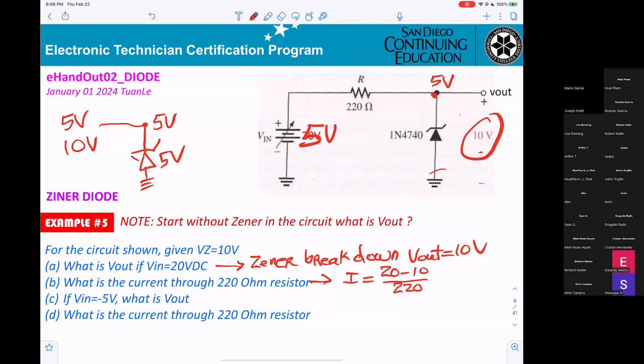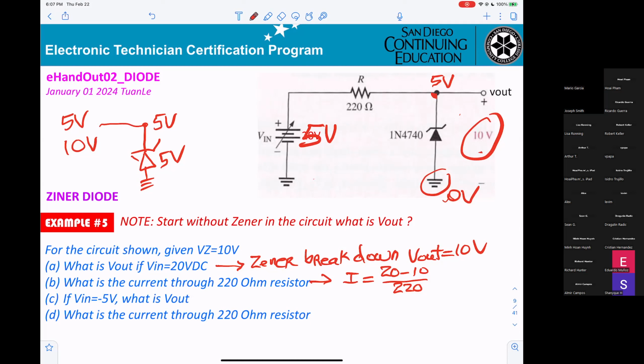This side is around 0 volt, this side 5 volt. Diode will be 0.7 if it's on. However, again, when working with the diode, if you don't know whether it's on or off, you cannot do it.